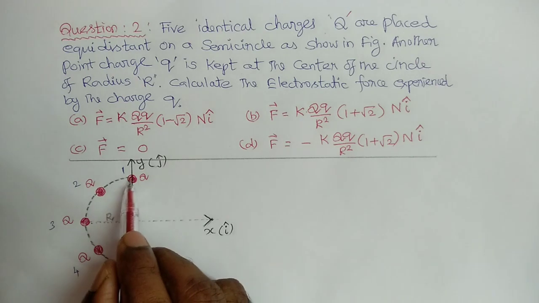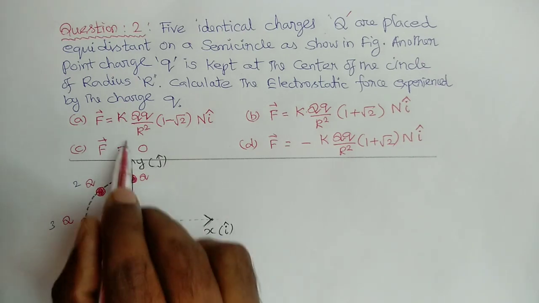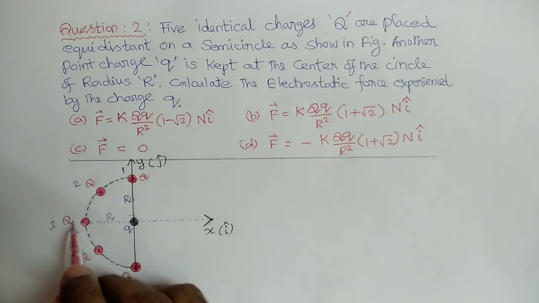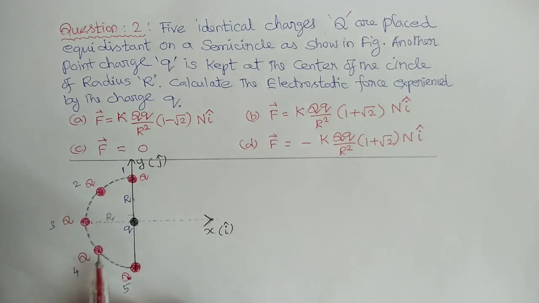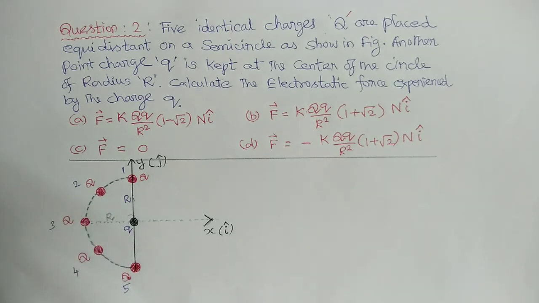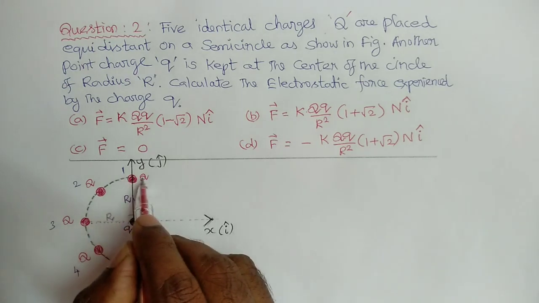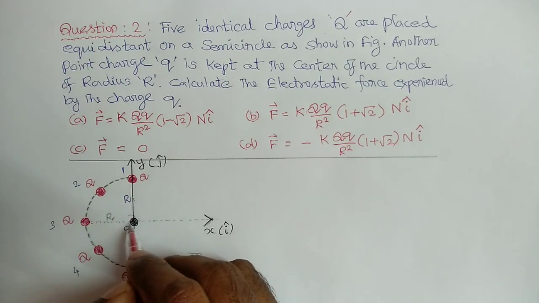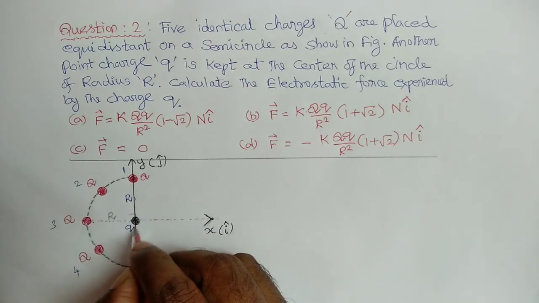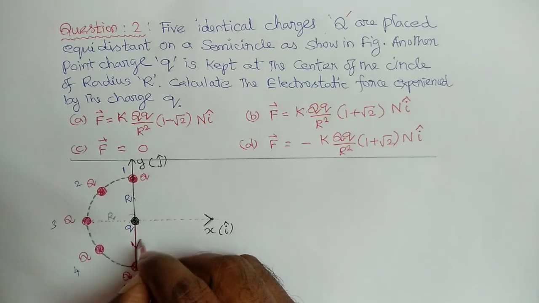So let us consider the x-axis and y-axis here. So there are 5 charges, 1, 2, 3, 4 and 5. So we are going to calculate the force experienced by small q by these charges, capital Q. So first you have to consider the first position Q. The force experienced by small q by this capital Q is along this direction.